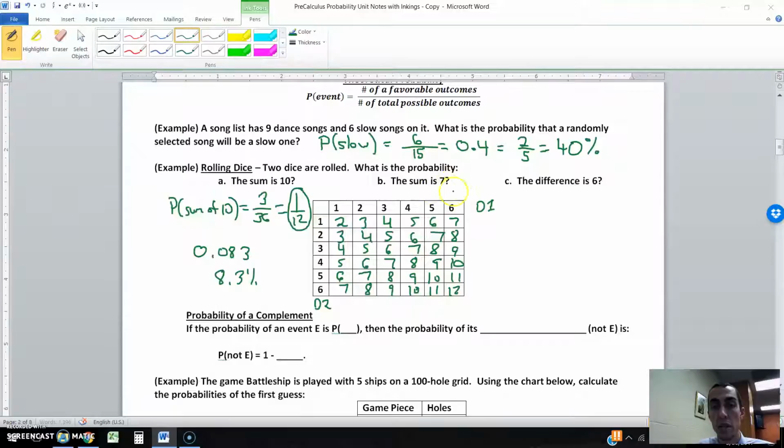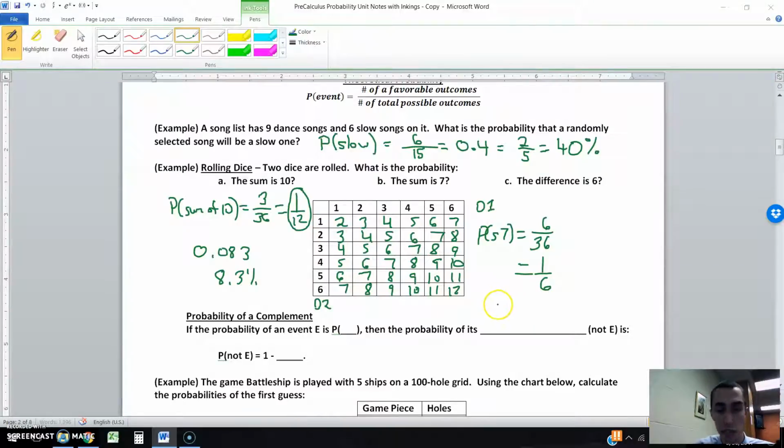Probability of a sum being 7. I'm just going to use S7 for sum of 7. Out of 36 possible outcomes, a 7 sum will occur 1, 2, 3, 4, 5, 6 of those times, which would be 1/6.